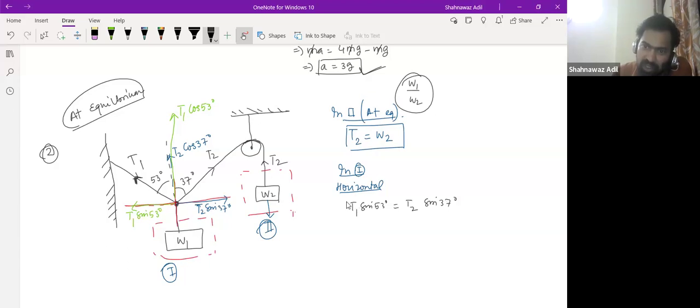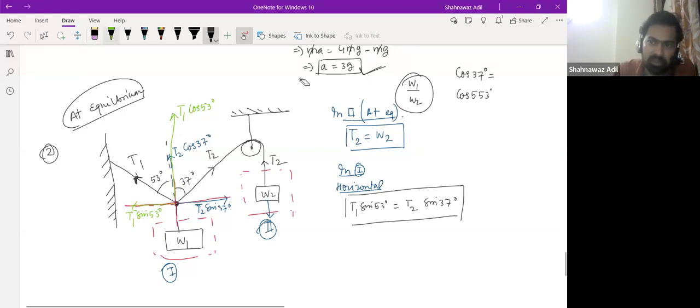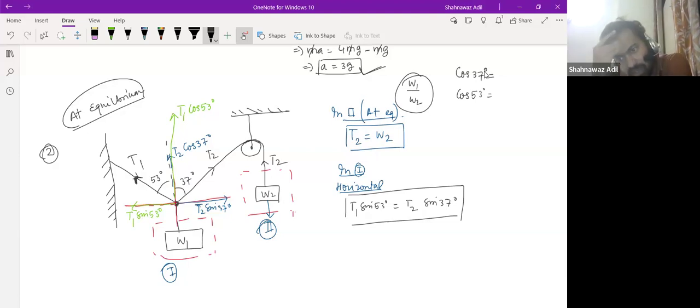So can anybody tell me what is sine 37 and cos 53? We have to remember that. What was cos 37? What was cos 53? Do you guys remember? This thing we have discussed, right? That is why these things we have to memorize. What was cos 37? Do you guys remember?